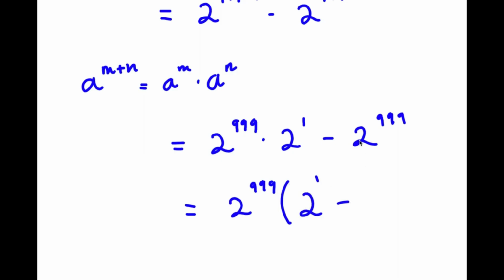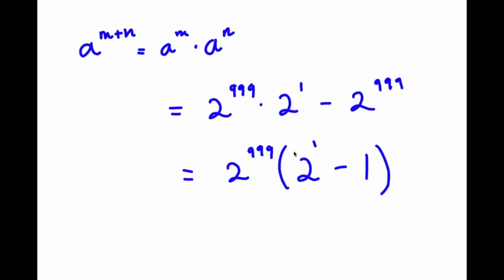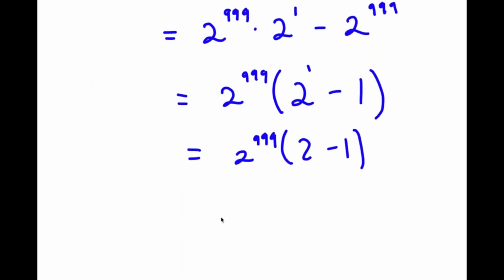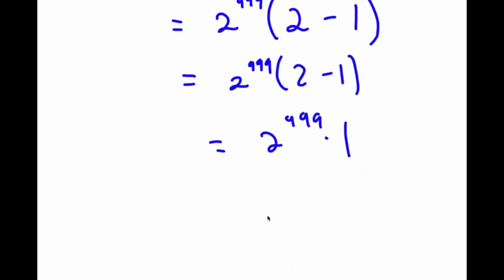Now I have this minus 2 to the power of 999 divided by 2 to the power of 999, which is 1. 2 to the power of 1 is 2. So now I have 2 minus 1, which is equal to 1. So I have 2 to the power of 999 times 1, which is simply equal to 2 to the power of 999.